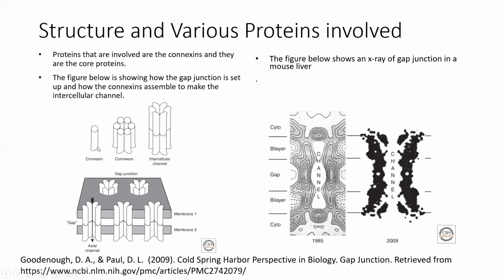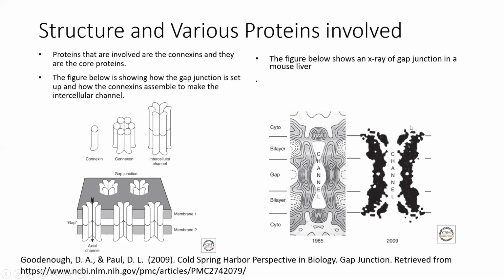So here you have a connexin, then you have them bundled together, which then put them all together, you make the intercellular channel, which is right here, connecting the two cells with the gap junction right here in between.